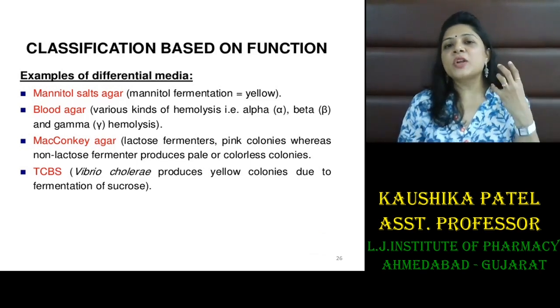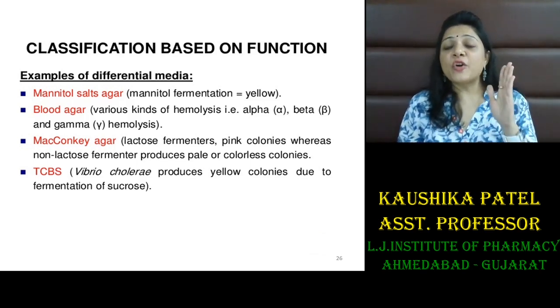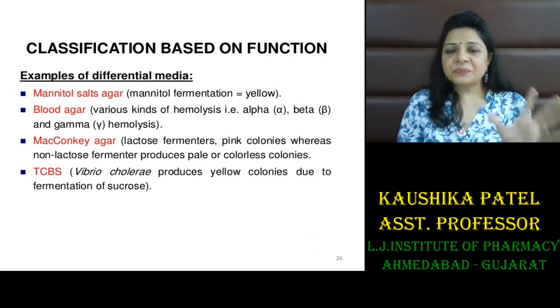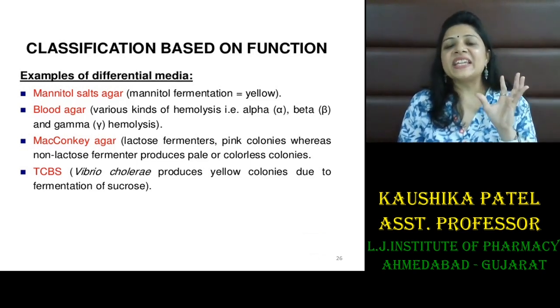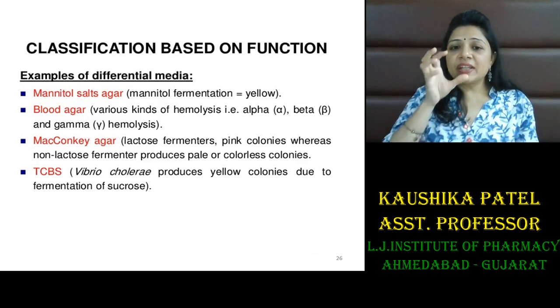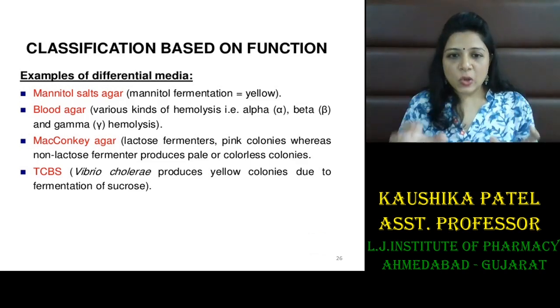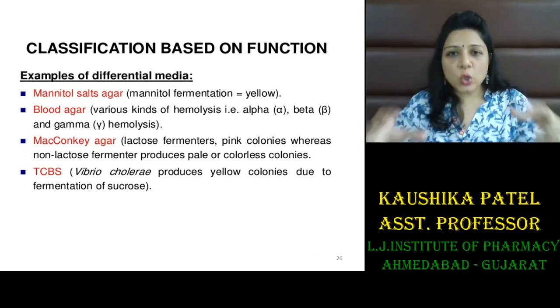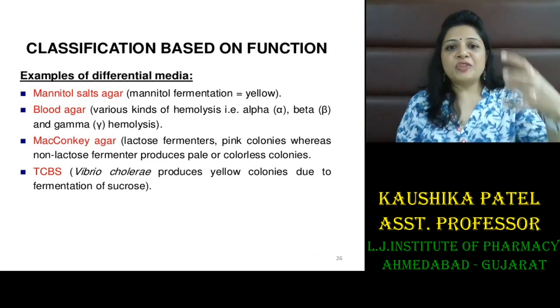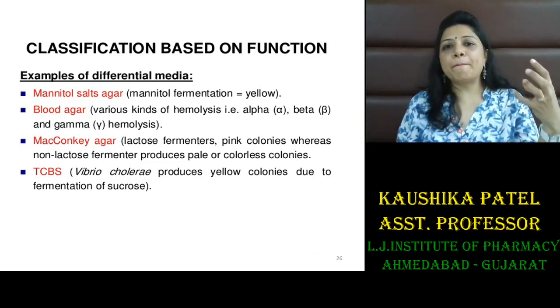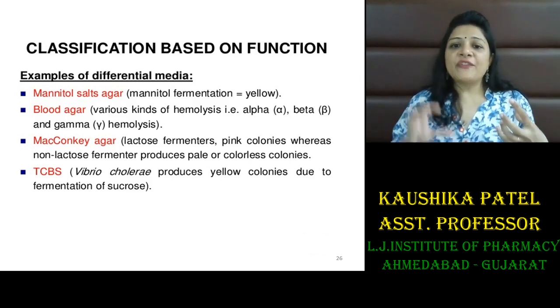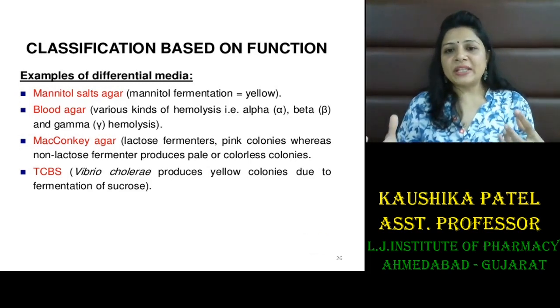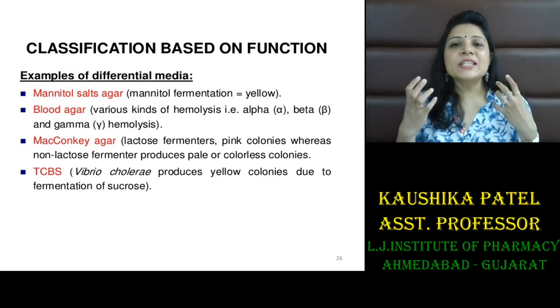It is selective because it allows only gram-negative organisms to grow on it. Gram-positive organisms are inhibited. And among the gram-negative organisms, you can differentiate between lactose fermenters and lactose non-fermenters. Lactose fermenters like E. coli give pink colonies, whereas lactose non-fermenters give colorless colonies.